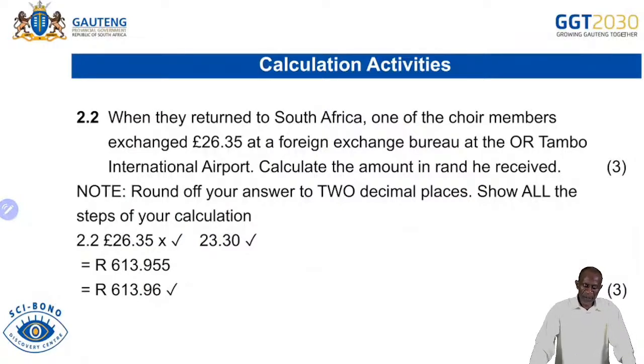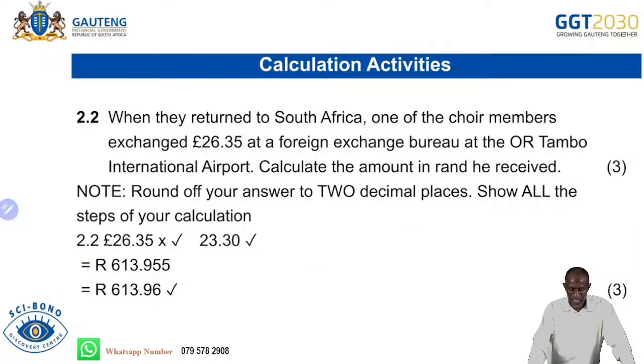Now, when they return to South Africa, one of the choir members exchanged 26.35 pounds at the Foreign Exchange Bureau at the OR Tambo International Airport. Calculate the amount in rand he received. Round off your answer to 2 decimal places.